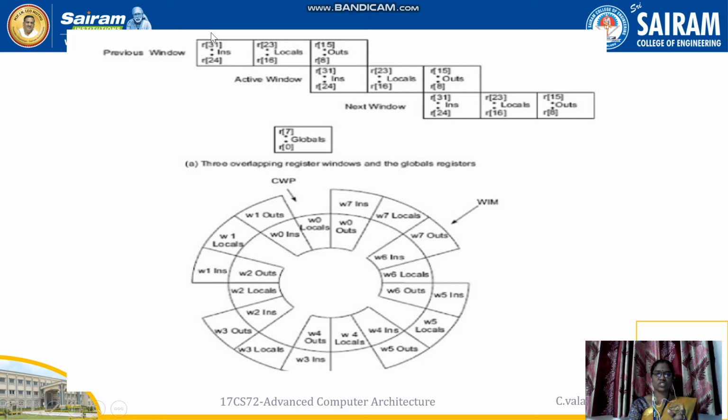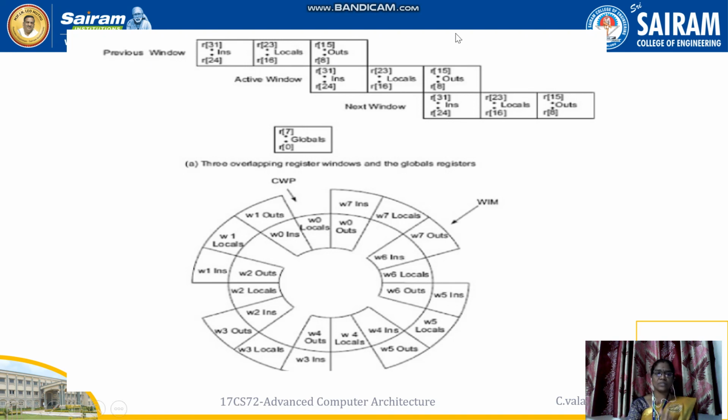The first section is called ins registers. It occupies registers 24 to 31, locals occupy registers 16 to 23, and out registers occupy 8 to 15. So this is the basic thing.